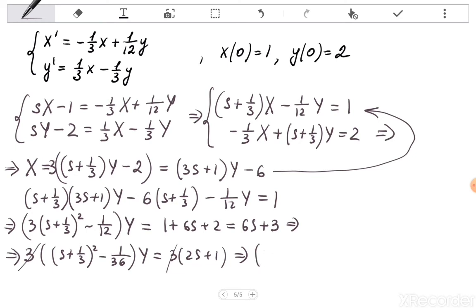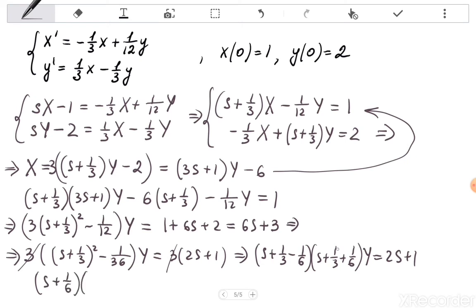So what do we get here? (s plus 1 over 3 minus 1 over 6)(s plus 1 over 3 plus 1 over 6)y. This is 2s plus 1. So 1 over 3 minus 1 over 6 is 2 over 6 minus 1 over 6. We get just 1 over 6, right? So s plus 1 over 6. And this one, 1 over 3 plus 1 over 6, we get 2 over 6 plus 1 over 6, which is 3 over 6, which is s plus 1 over 2, times y. This is 2s plus 1.